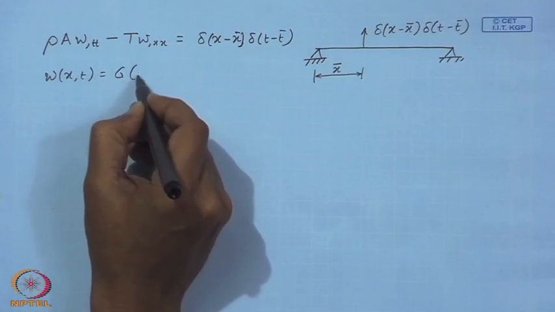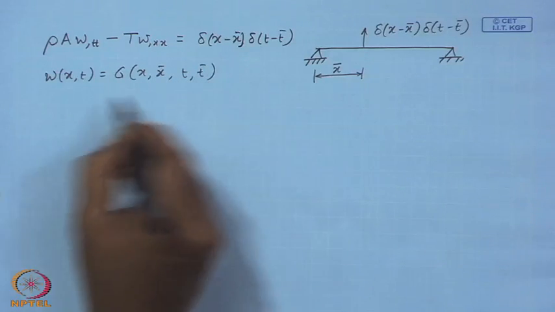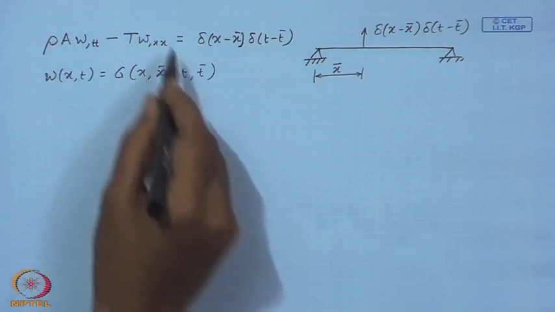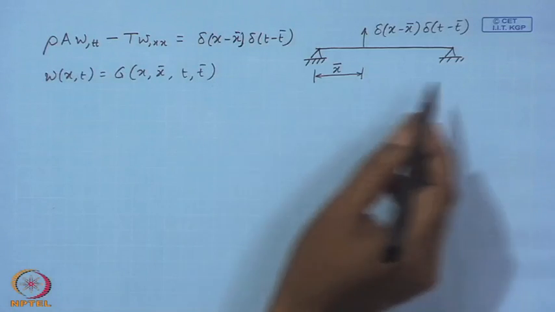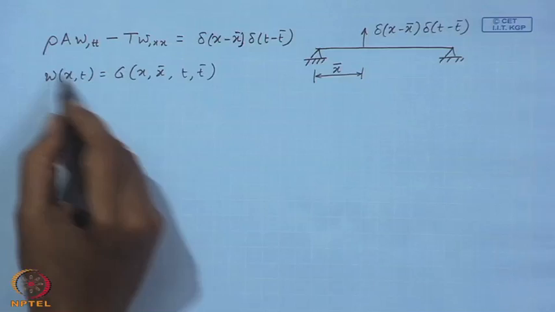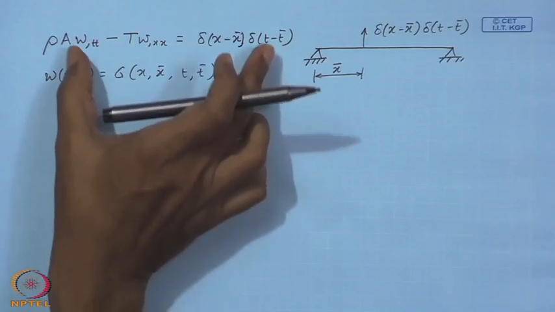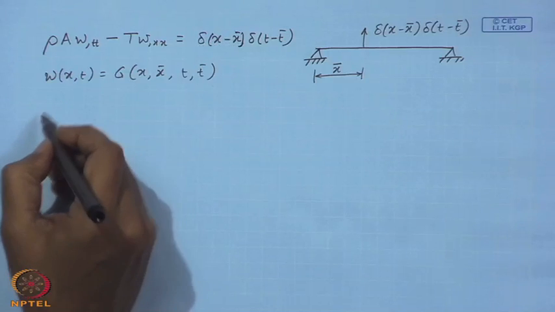And the solution is the Green's function, and we are considering homogeneous boundary conditions and 0 initial conditions. So, first what I will do is to determine this Green's function. So, we have to solve for the Green's function now by solving this problem.